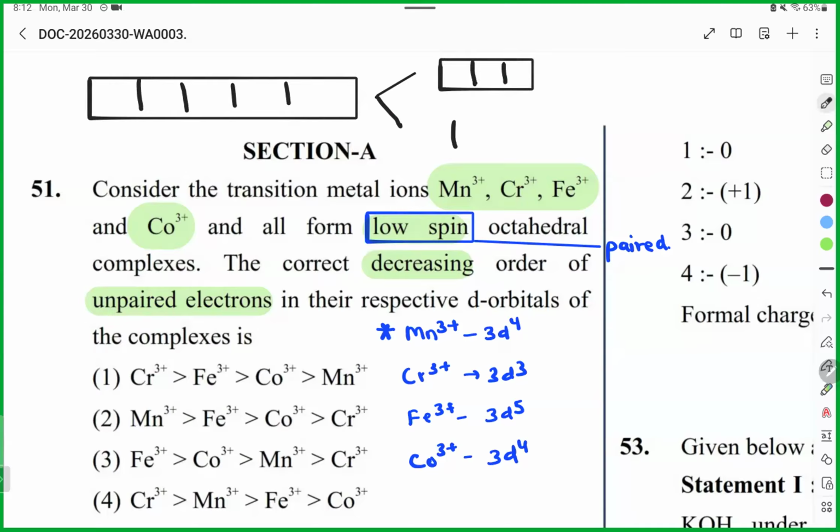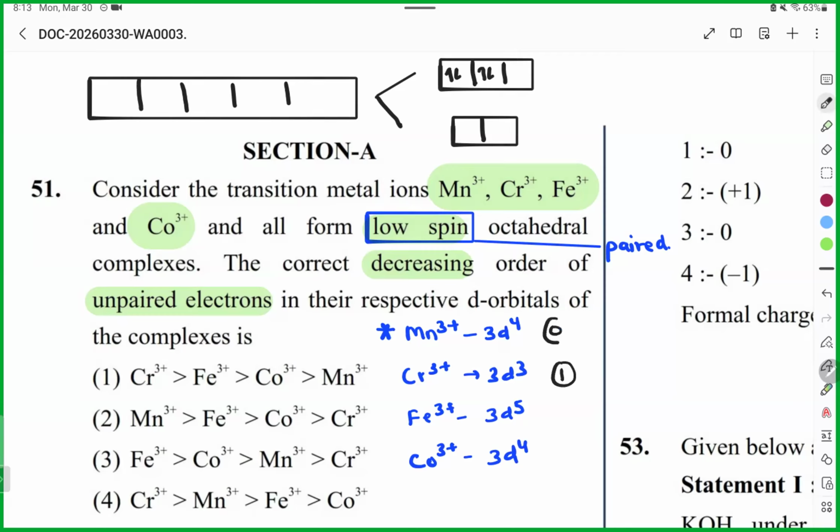For example, in case of manganese, you have 4 electrons in low spin. It means like this. In case of chromium 3d3, there will be no pairing, so there will be 3 unpaired electrons.